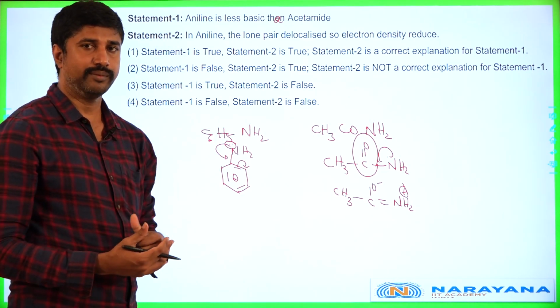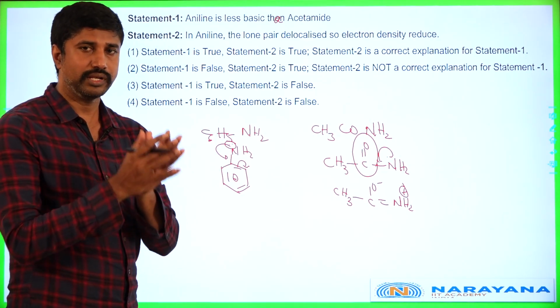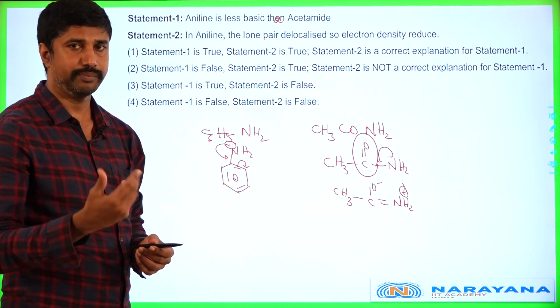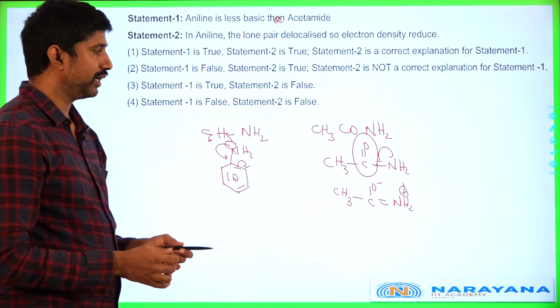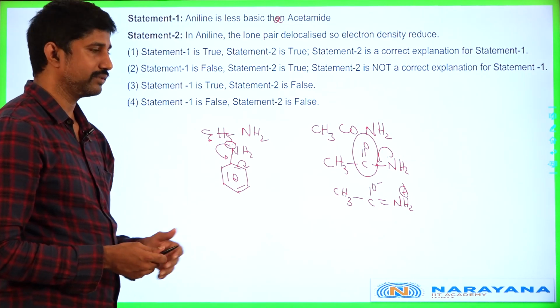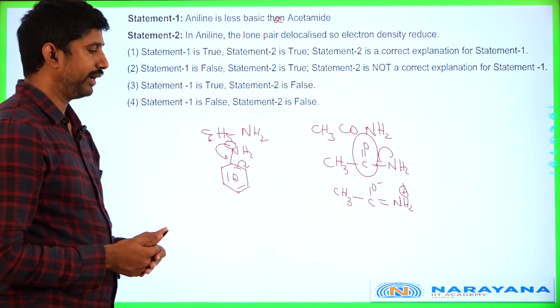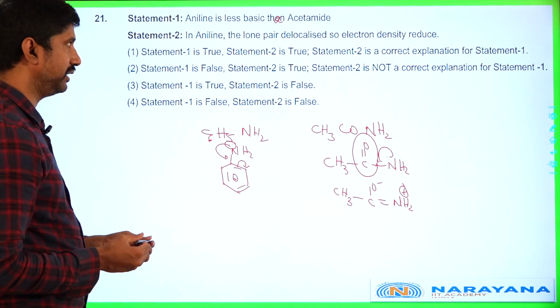If electron density over nitrogen is less in amides, then it becomes less basic. So amides are less basic than aniline.